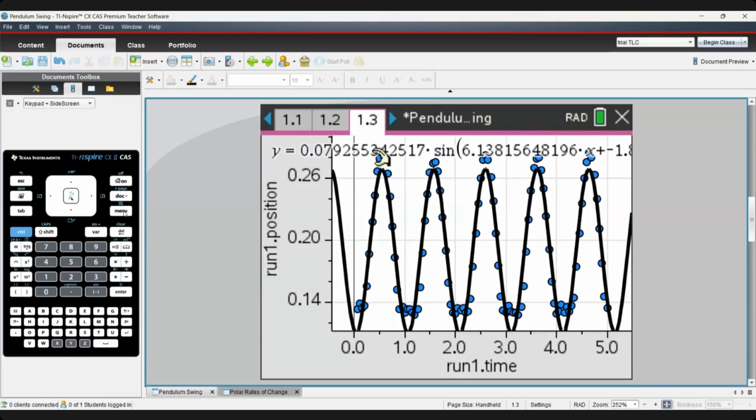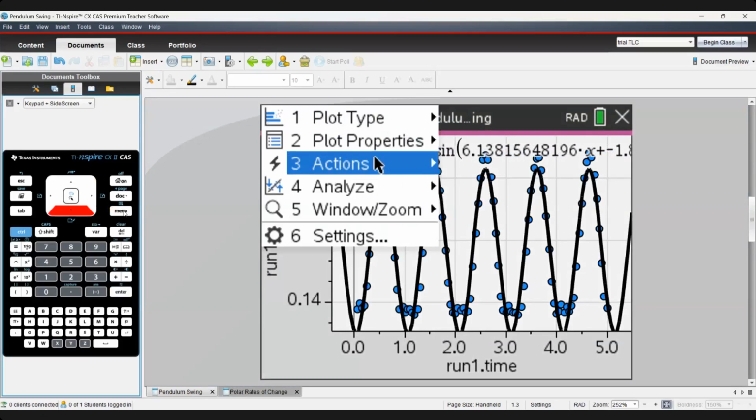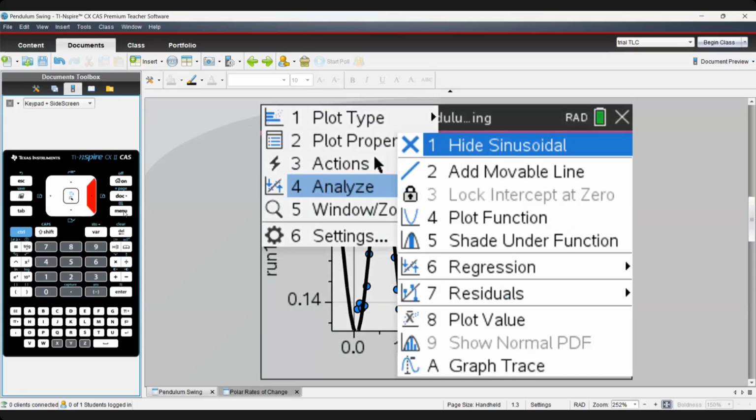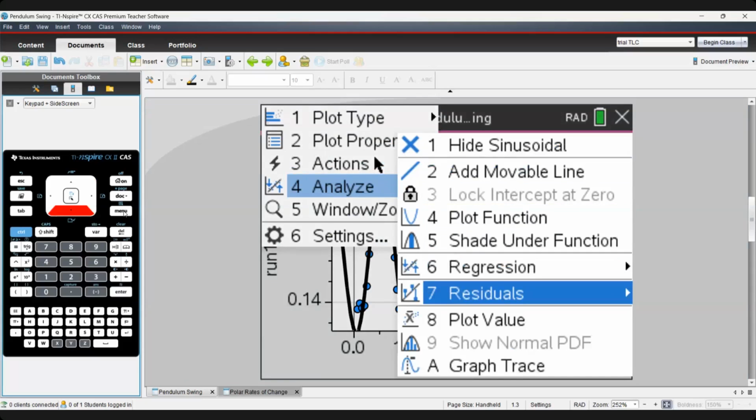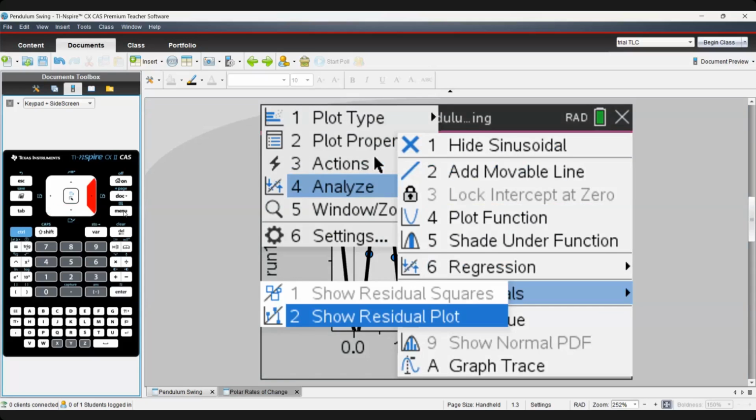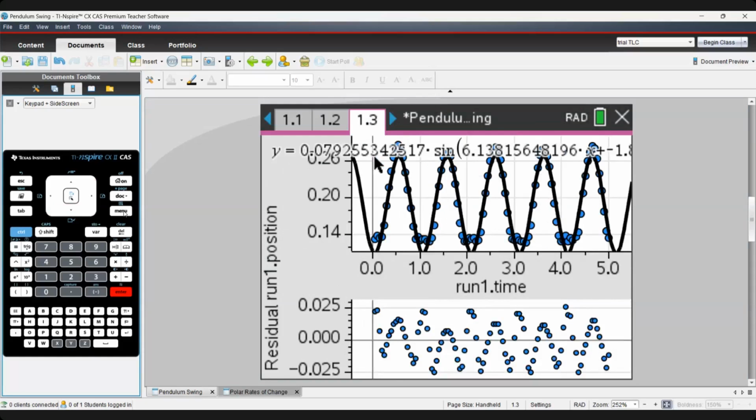But we want to look at the residuals. Was it a good fit? What does it mean to be a good fit? So if I go down to menu and analyze again, I can go down to residuals this time and show my residual plot. It's going to split that page. And typically we look for, is there a pattern?